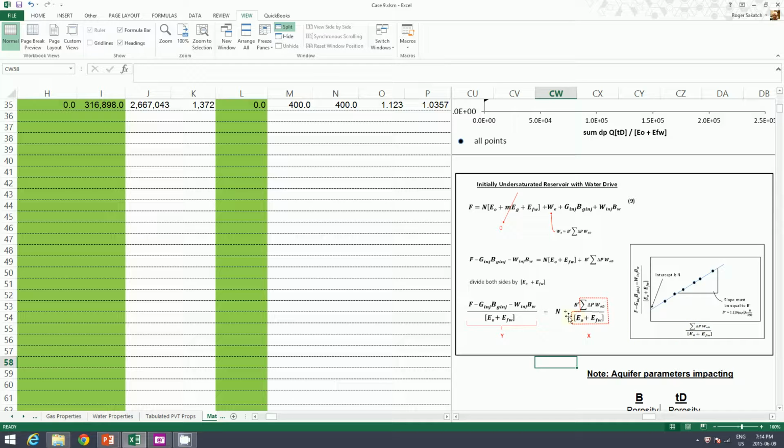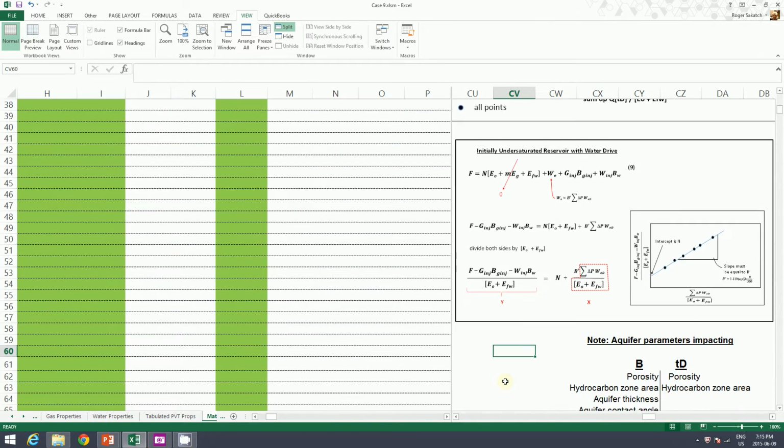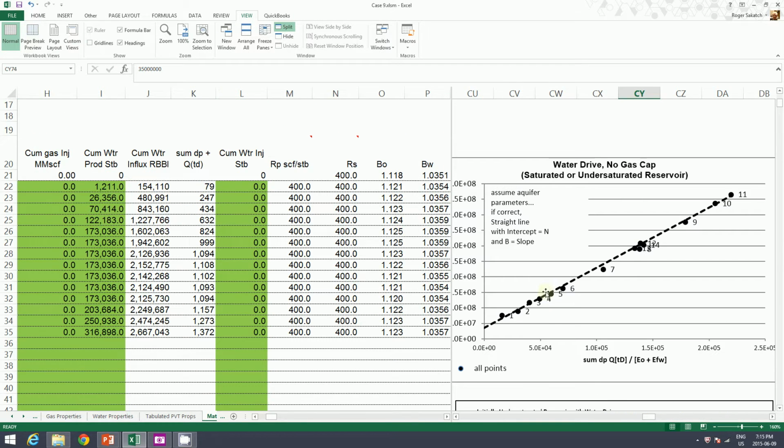This will leave N, the original oil in place, to be the intercept, which is the point that hits the y-axis when x is 0. And the slope of that line will be that aquifer constant B that we were talking about earlier. Now we have the ability to, well, I'll talk about that in a second. Let's take a look at the data.